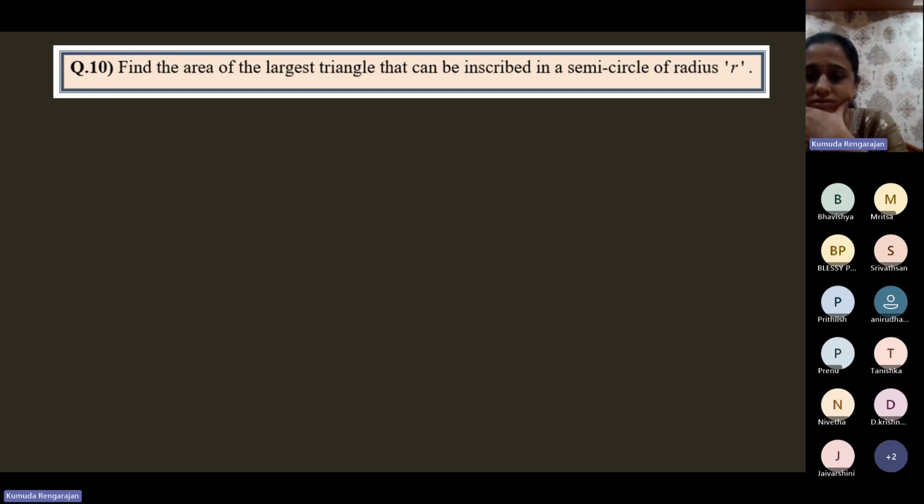Half base into height. So it should have maximum base and altitude.